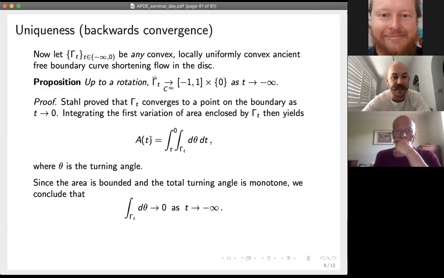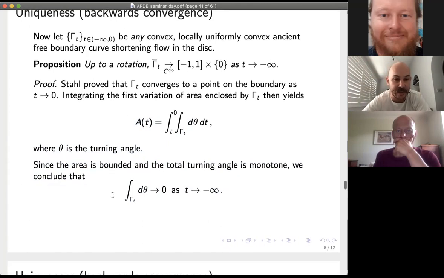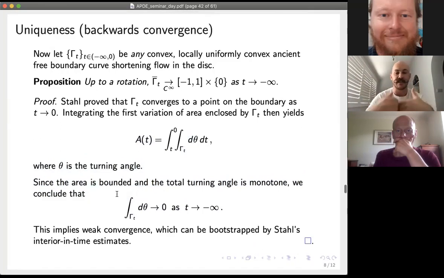The thing on the left is bounded, and the integrand is monotone, so the total turning angle has to go to 0 as t goes to minus infinity. This gives us weak convergence to a stationary line due to convexity. Then you just bootstrap this weak convergence to smooth convergence. That's not too hard to prove, but it's a crucial step.